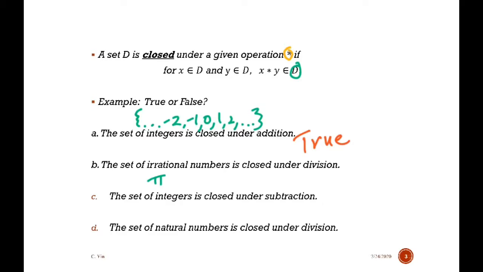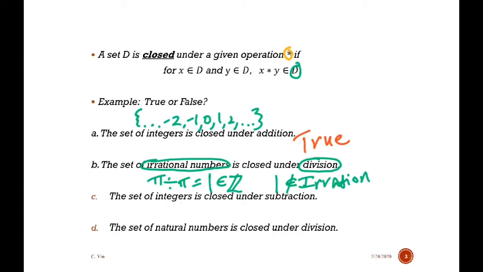To be closed under division, that means that if I take any two irrational numbers and I divide them, then I'm also going to get another irrational number. So that would say that if I took pi and divided it by itself, I should get another irrational number. But if I take pi divided by pi, I get 1. And 1 is an integer. 1 is not an irrational number.